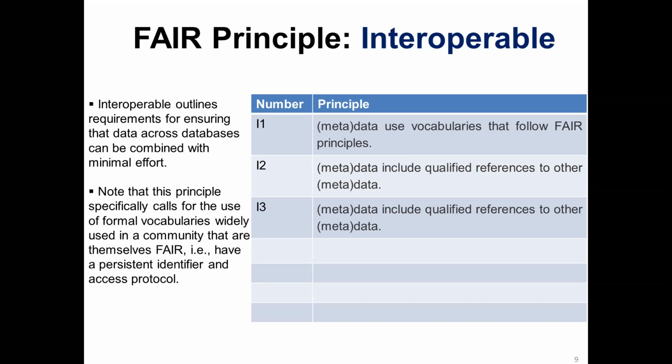And then metadata include qualified references to other metadata, especially for genomics. Just think of it, you are working on genomic microbiome, and the microbiome has a link with the variant genomic. These data have to talk to each other, and they have to have a link even at the level of the metadata. And even if you want to move it from one to another, it has to be with minimum effort to be linked and combined.